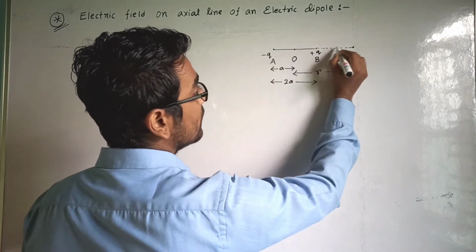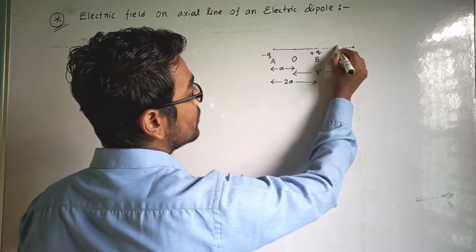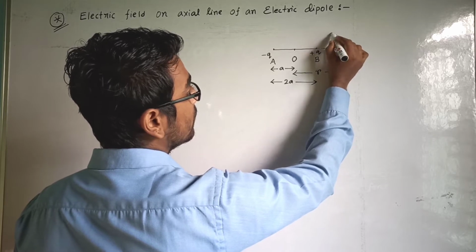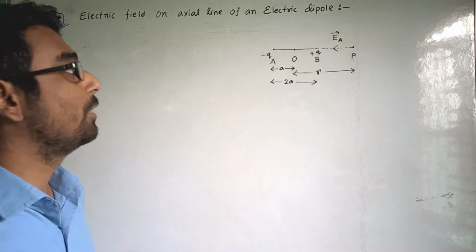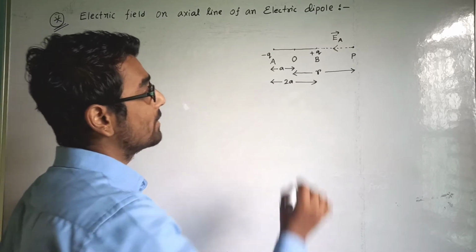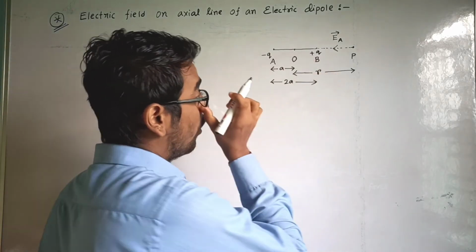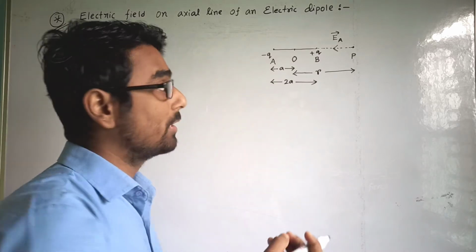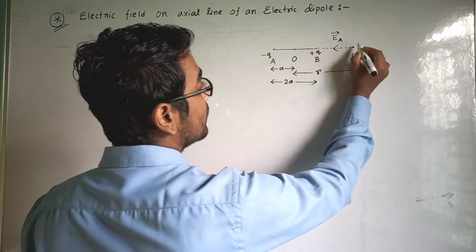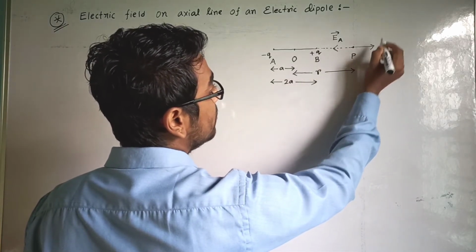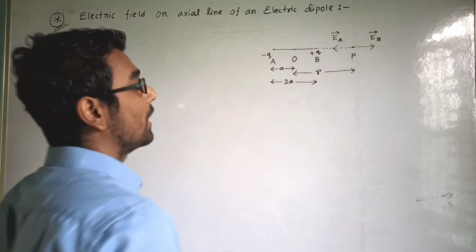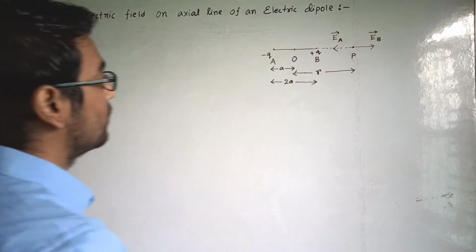So the direction of electric field due to minus Q charge will be toward the charge minus Q. In the similar way, we already know that the positive charge always emits electric field, as a result of which the direction of electric field at point P will be EB, which is away from the plus Q charge.